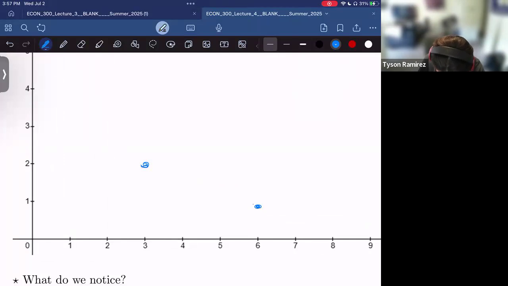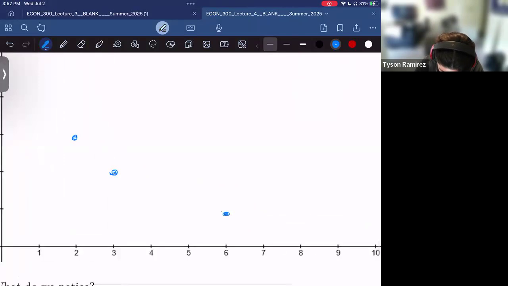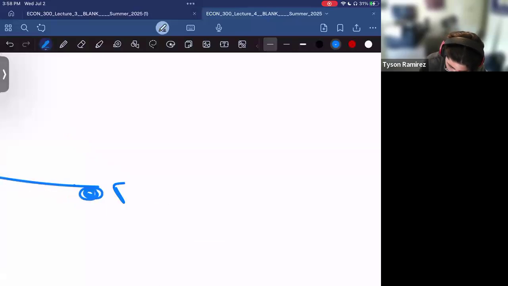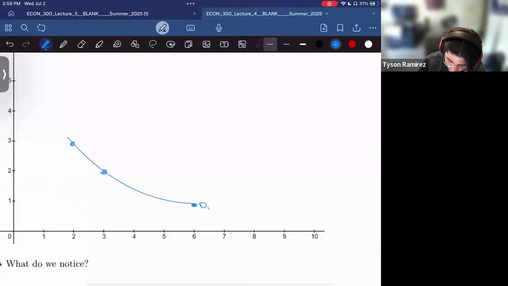And then, of course, at a price of 3, quantity was 2. If we draw a line that connects those points, we get this first demand curve. We get D1.